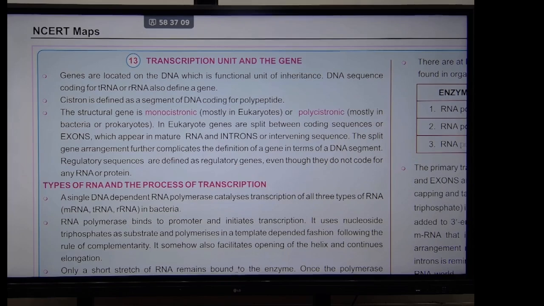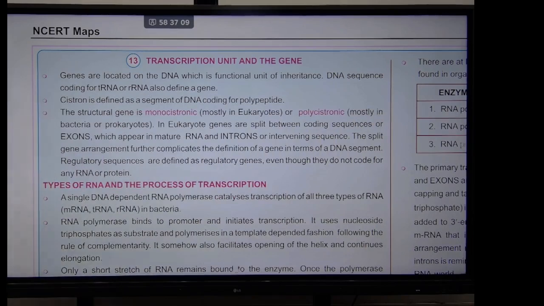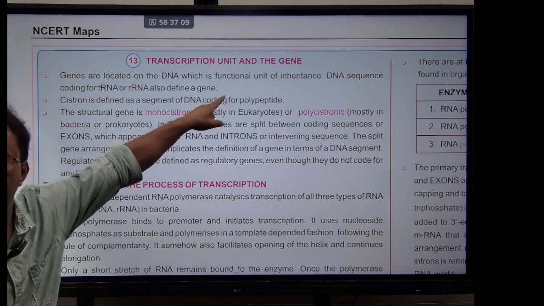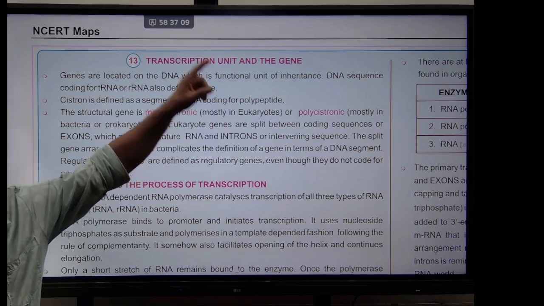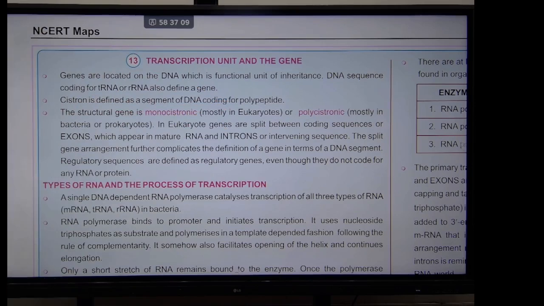A DNA sequence coding for tRNA or rRNA also defines a gene. Generally we think that a gene is always the sequence of DNA which is used to synthesize a protein. It is not always the same, because a gene doesn't have to necessarily code for a protein. It could code for rRNA, it could code for tRNA as well.